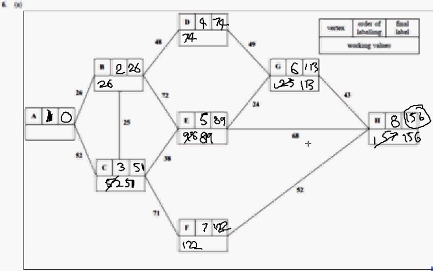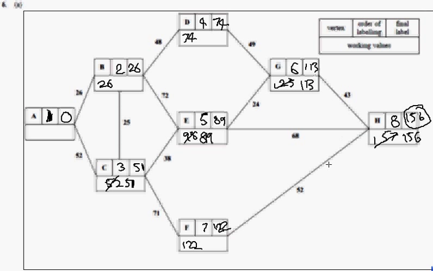So this is how we do it. We backtrack. We start from the end and we consider these three possibilities, and we ask the question, well, which one of these is on the shortest path? So let's take this one here from H to G and we'll test it. And this is how we do it. We take the final value, 156, subtract 113, and it's 43.